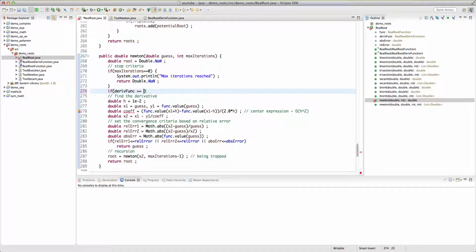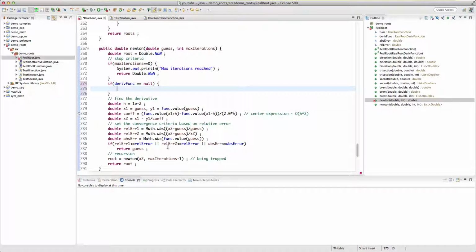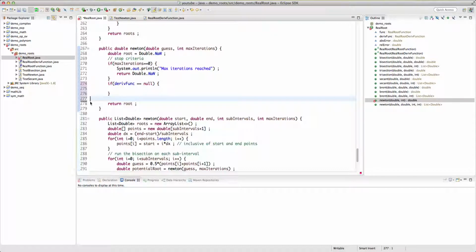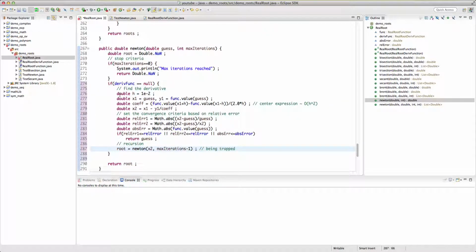If deriv func is null, we're going to do this. We're going to find the derivative and then do the recursion. Else, if basically func equals null, so one of them has to be null.